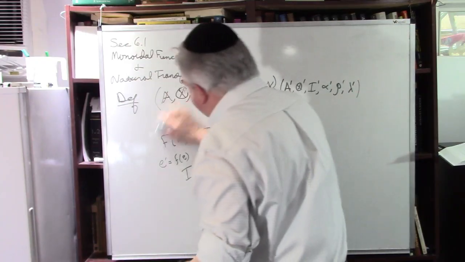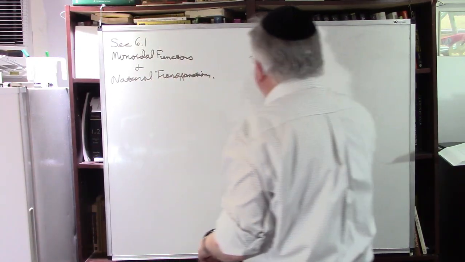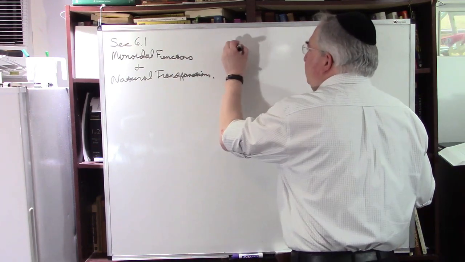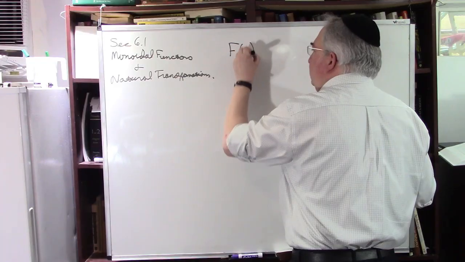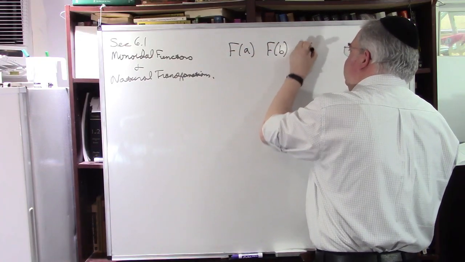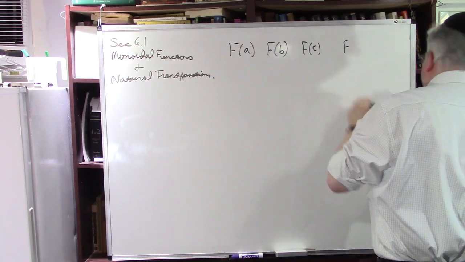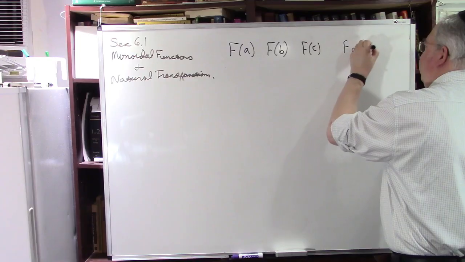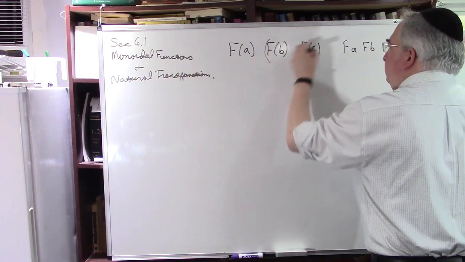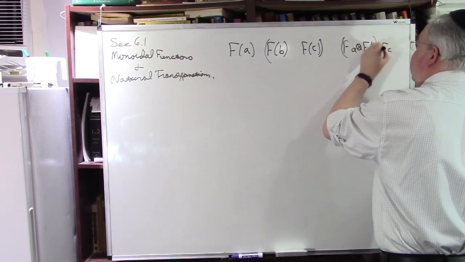Okay, so let me tell you what the coherence conditions are. Ready? So here's one. F of A, F of B, F of C. Tensor product.